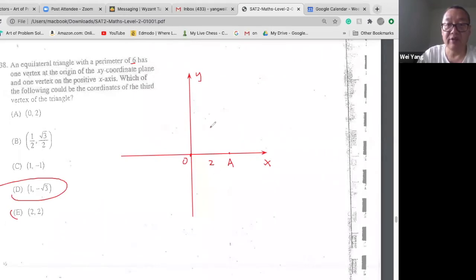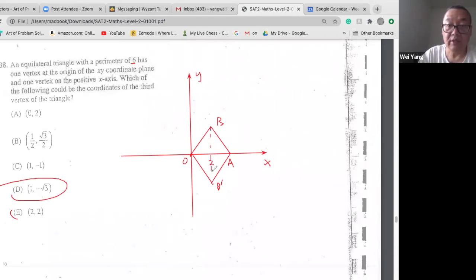Suppose this one is B, and here probably that's B prime. I think these two points are all okay. You have this one, this will be an equilateral triangle. You can also do it this way. This also will be there.